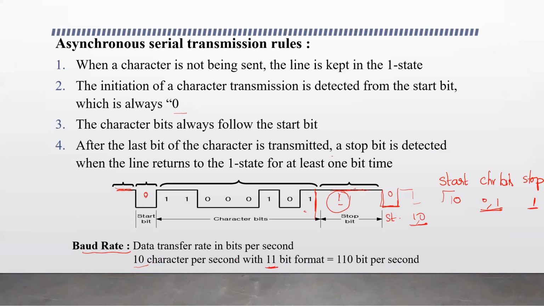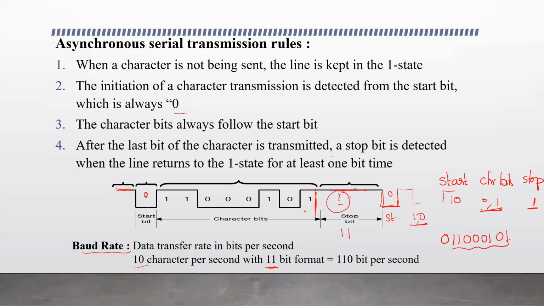How are these 11 bits made up? There is a start bit. The character bits are 8. There are 8 bits in the character and there is a start bit, then 2 stop bits. The start bit is 0 and the data bits here are 1 1 0 0 0 1 0 1.